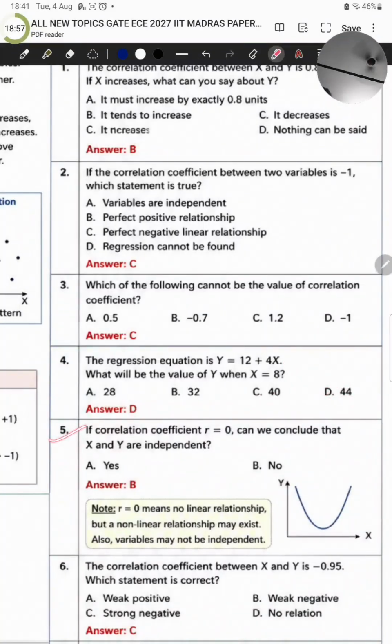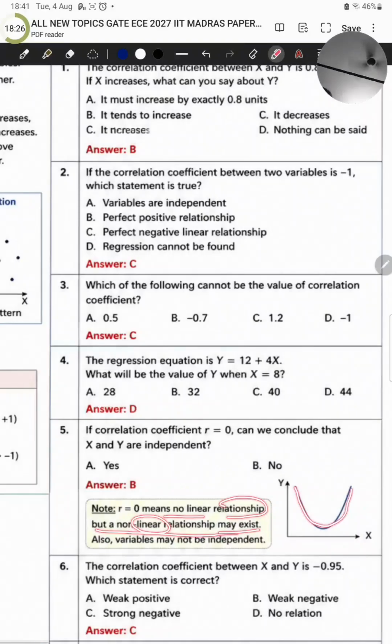Now question number 5. If the correlation coefficient r equals 0, can we conclude that x and y are independent? That is not necessarily true. The right answer is no, because if r equals 0, that means no linear relationship, but a non-linear relationship may exist.